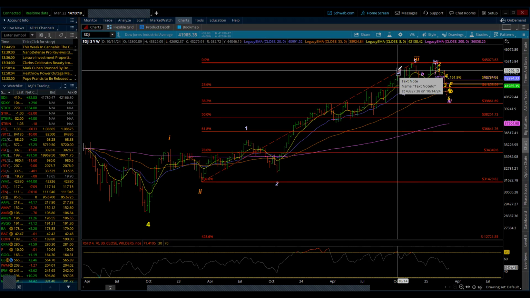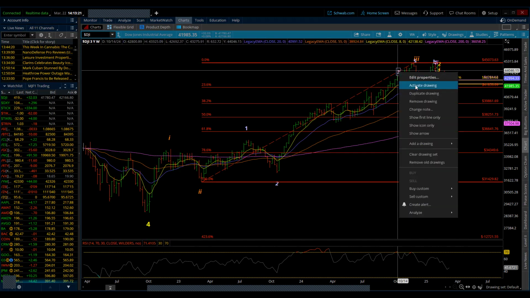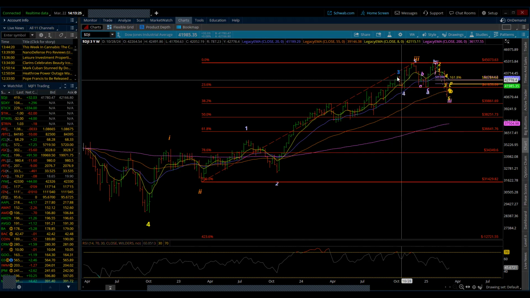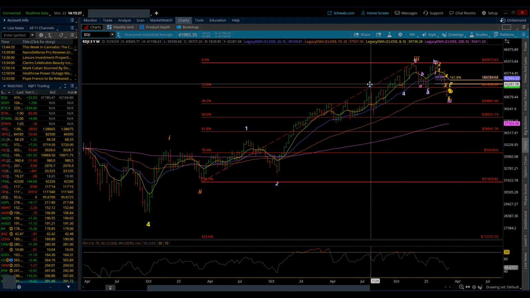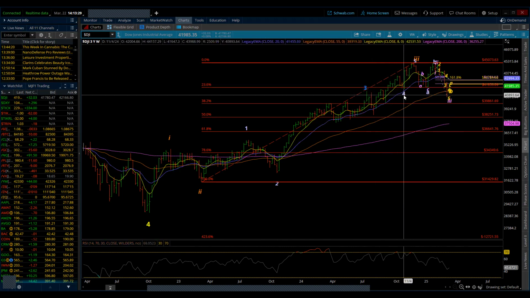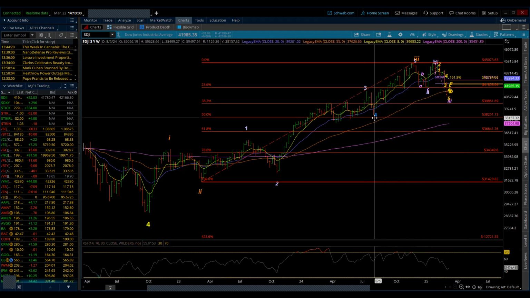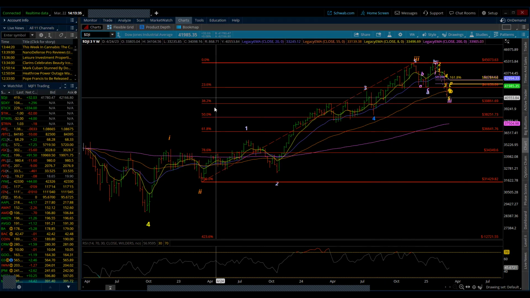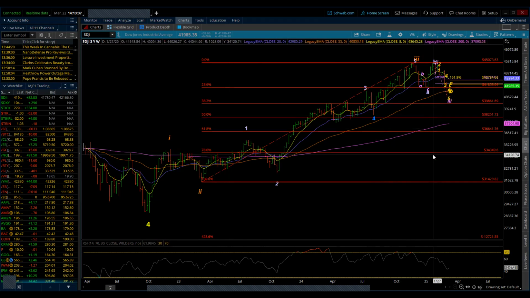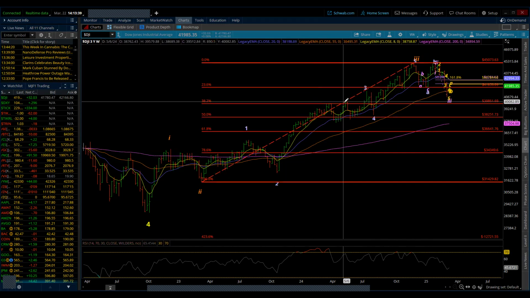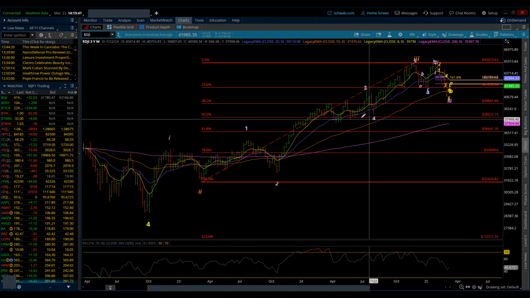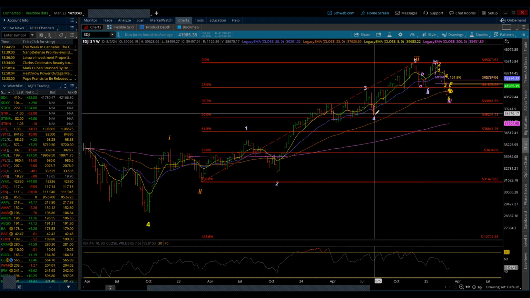I'm doing this because I want to show you how we need to pair things up more correctly. If I were to move this down, put the 3 there and the 4 there, because most of the time we think it makes sense the way we do it until we start to look at what our fibs could line up. Here's the 382, here's the 50%, there's the low.